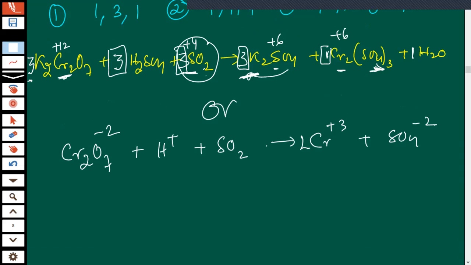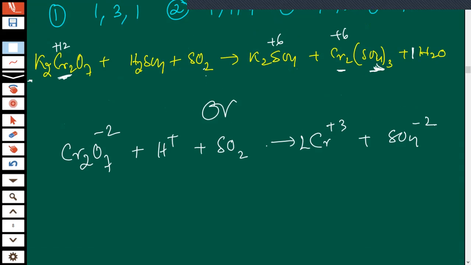Otherwise we can do one thing. Because three sulfates are here, no? With how much number have we multiplied? 3, no?